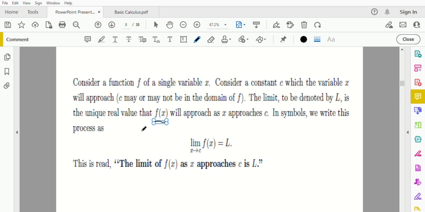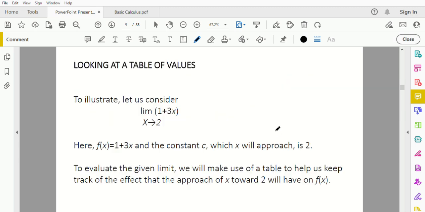In symbols, we write this as the limit of f of x as x approaches c is L. We read this as the limit of f of x as x approaches c is L.